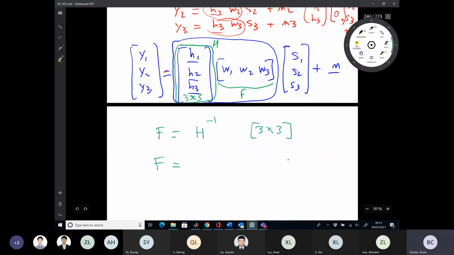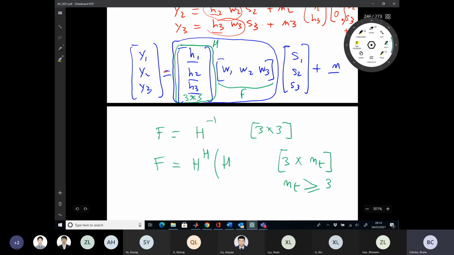If I have 3 receivers, but I have NT transmit antennas, so more antennas than the number of users, what I can do is this generalized inverse, which is exactly the same as what we did for the multi-user zero forcing case.